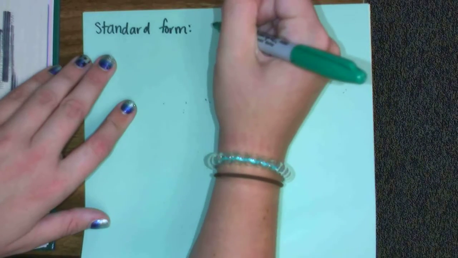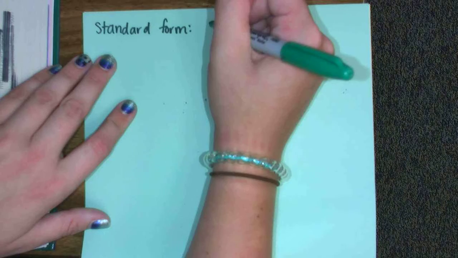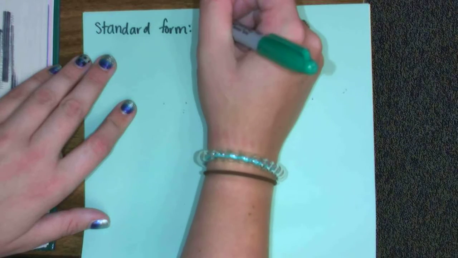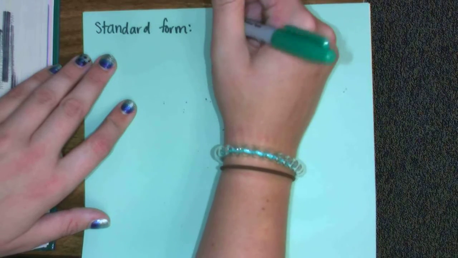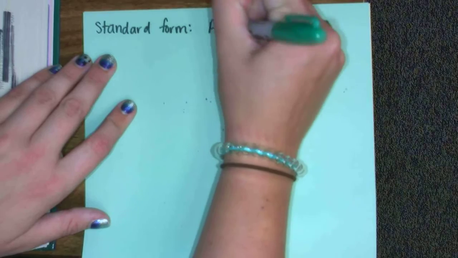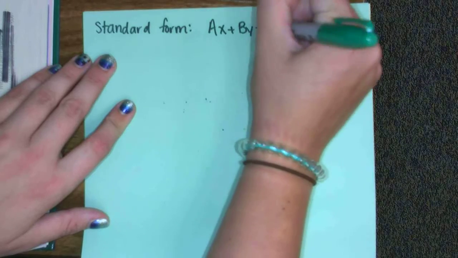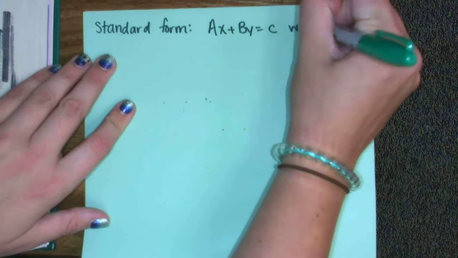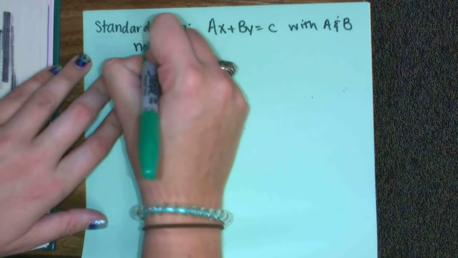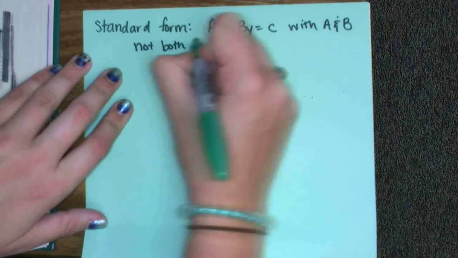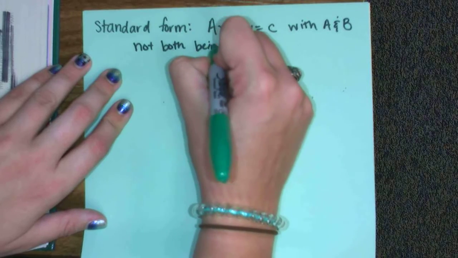So far you guys know the slope-intercept form. Now we're adding on the standard form, which I think you've seen before, but so refresher if you have. It's ax plus by is equal to c, with a and b not both being 0.